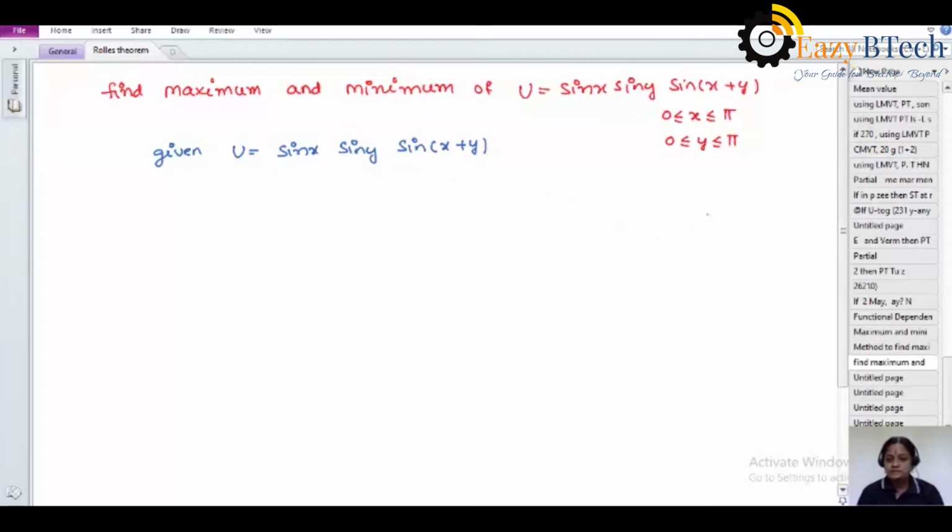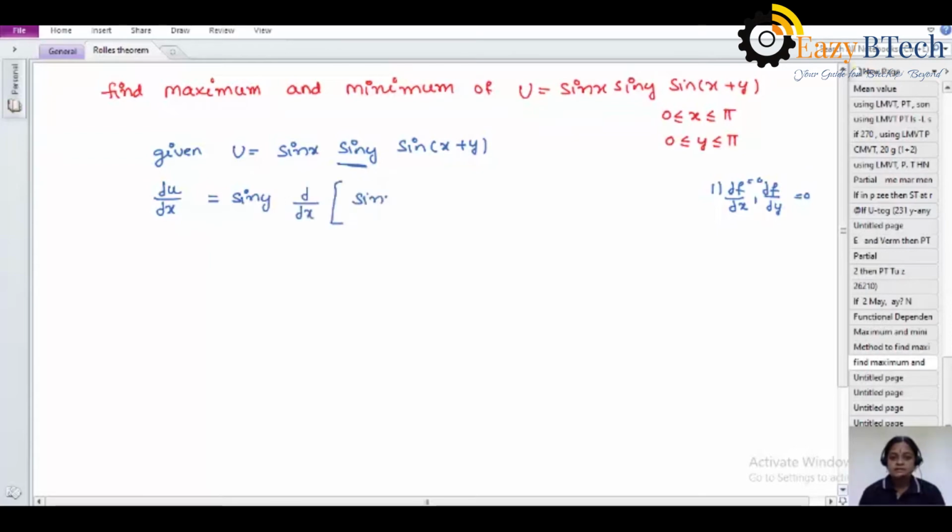So the first step is finding dou f by dou x and dou f by dou y and equating both values to 0. That is the first step, okay students. First I am doing dou u by dou x here. When you are doing partial differentiation of u with respect to x here, then the sin y term is constant, so sin y as a common, then dou by dou x of sin x into sin of x plus y.